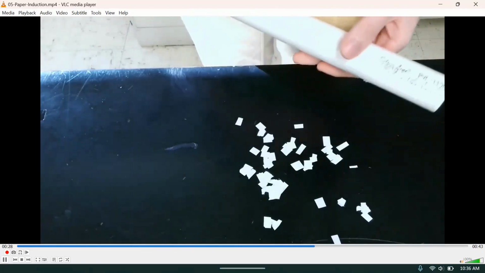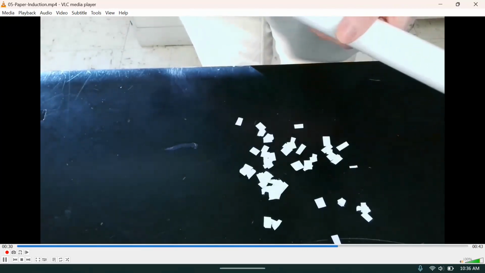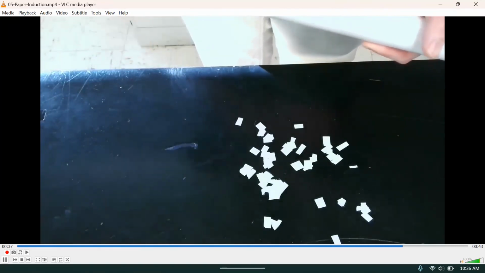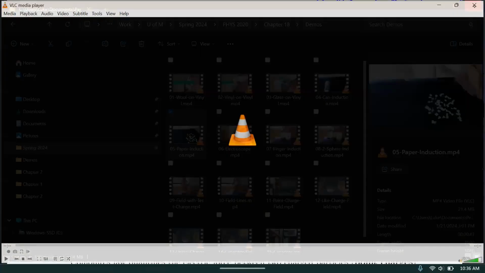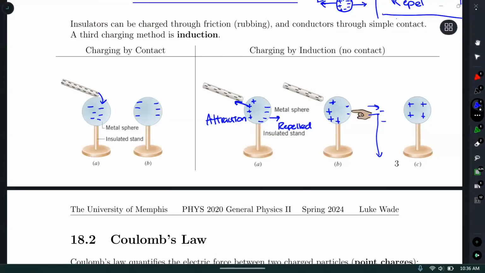Unlike with conductors, electrons can't easily move in insulators. So they can't move to the other side like in a can to have a net attractive force towards the PVC. So if they're not able to move freely through the paper, how is induction still happening? Okay, what do we think on that?